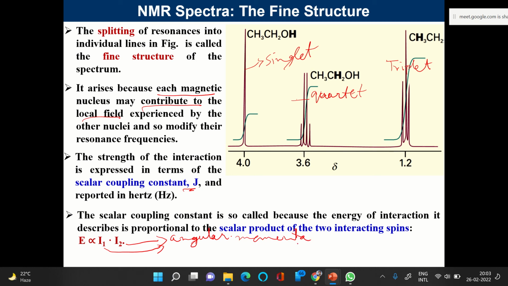Momenta is the plural of momentum, so you should know that. So the two momenta of two different nuclei, if they have different magnetic moments and different angular momenta, they can add up in different fashions.